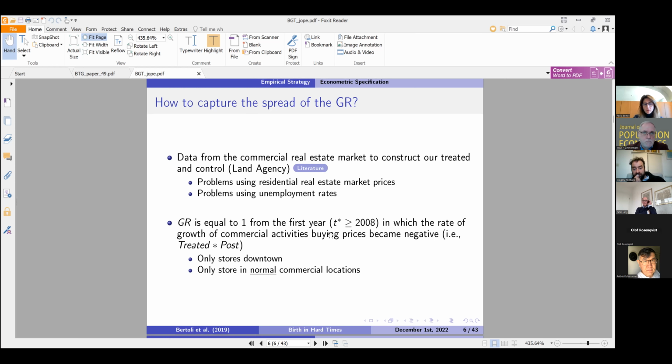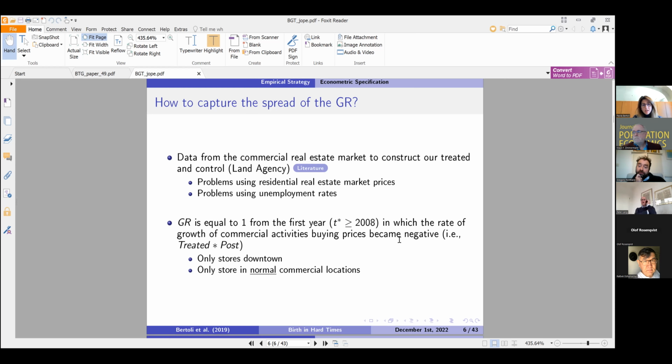Post, because we are considering just the period that comes after the start of the recession, and treated because it's just the one where the effect is strong. We are, of course, exploiting the severity of the crisis because, to some extent, all municipalities were affected. So that's why we're replicating a staggered approach.